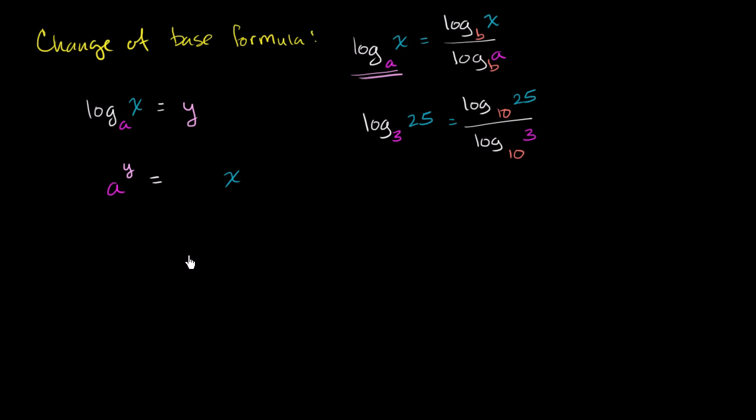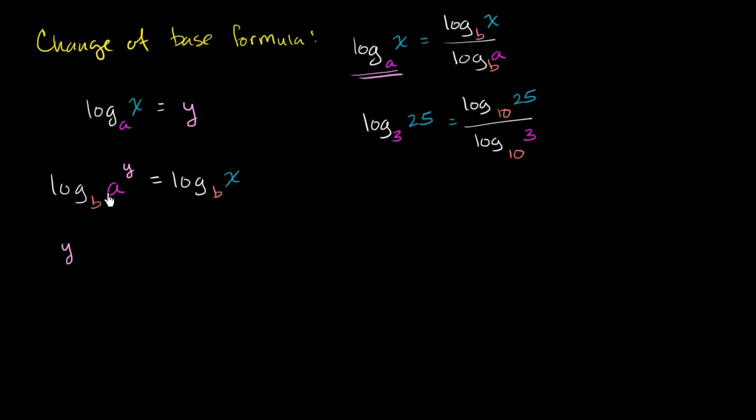Now let's introduce the logarithm base b. To introduce it, I'm just going to take log base b of both sides of this equation. So let's take a logarithm base b of the left-hand side and a logarithm base b of the right-hand side. Well, we know from our logarithm properties that the logarithm of something to a power is the exact same thing as the power times the logarithm of that something.